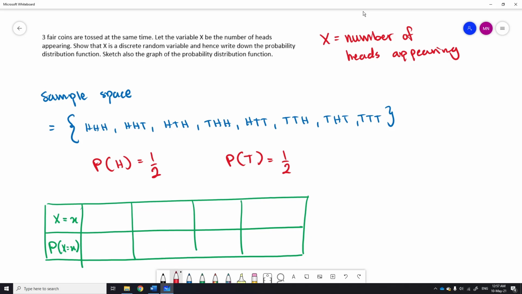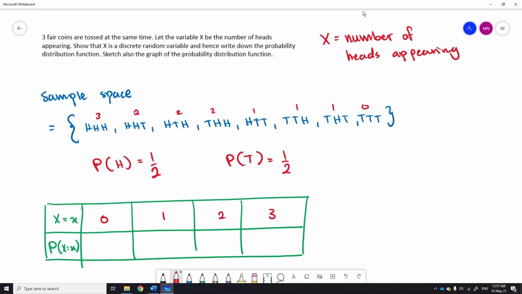The random variable that we have is the number of heads appearing. There could be 3 heads appear, 2 heads appear, or 1 head appear, or no head appear at all. So that means our random variable is 0, 1, 2, and 3.